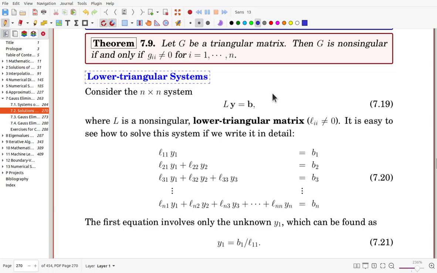Once this lower triangular matrix is multiplied by y, we have the first row, L11 y1, and the right-hand side is b1. From the second row, we have this line, and so on, up to the last row.